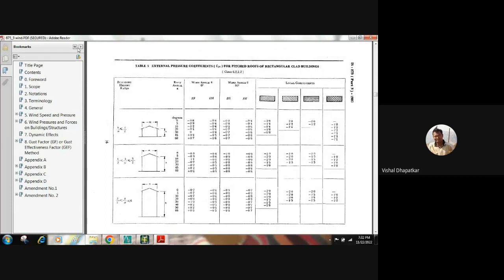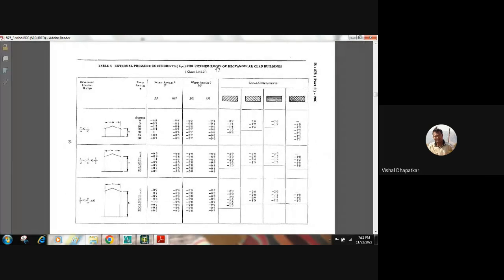So these are the force coefficients for pitched roofs for rectangular clad buildings.